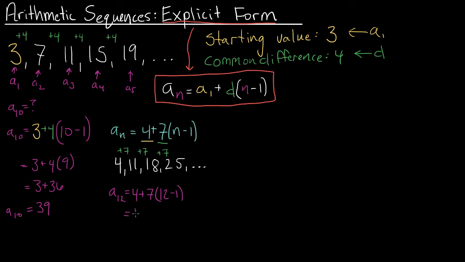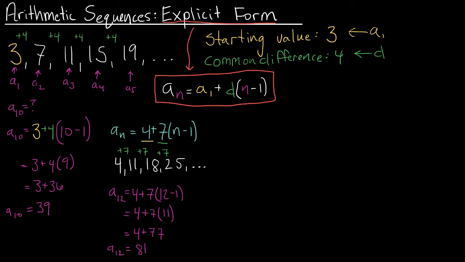Then I simplify on the right-hand side. 4 plus 7 times 12 subtract 1 is 11. Then I can simplify 7 times 11 to 77. So a sub 12 is equal to 4 plus 77, which is 81. That's what a sub 12 is equal to, 81.